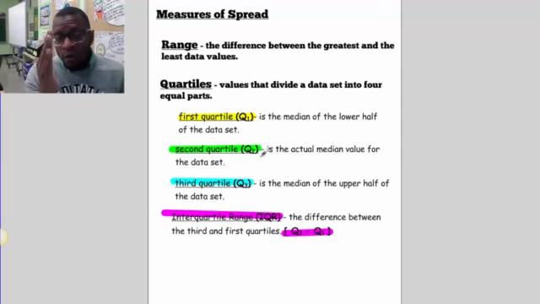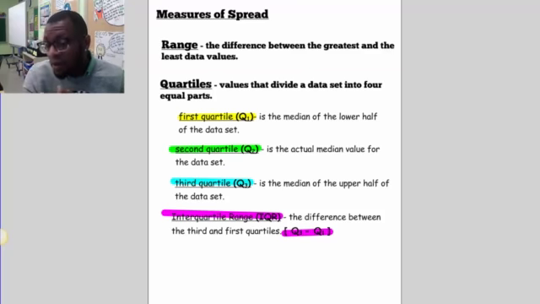So your second quartile divides your data set by its median, and then you want to find the median of the first quartile, which is the lower half. The third quartile is the median of the upper half, and then lastly we have our interquartile range, or denoted IQR, which is the difference between the value that you get for Q sub 3 and the value that you get for Q sub 1.